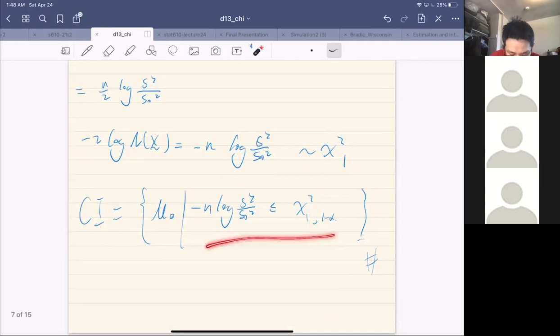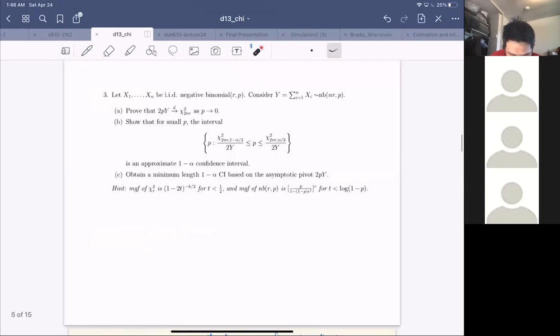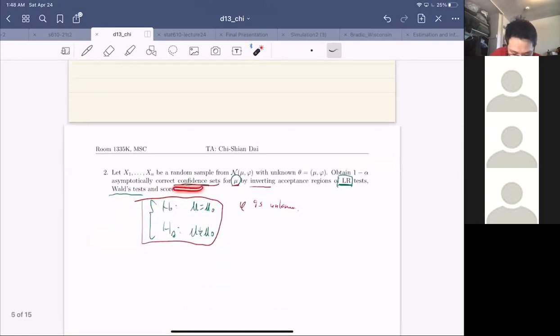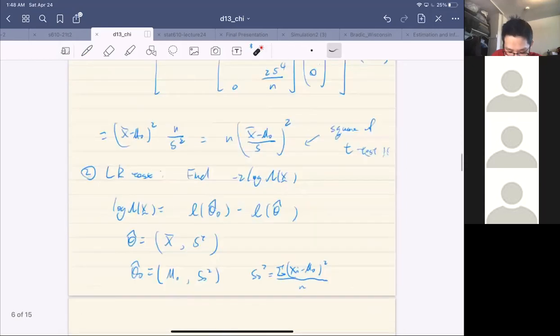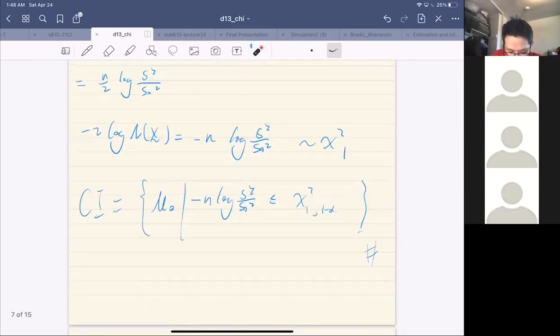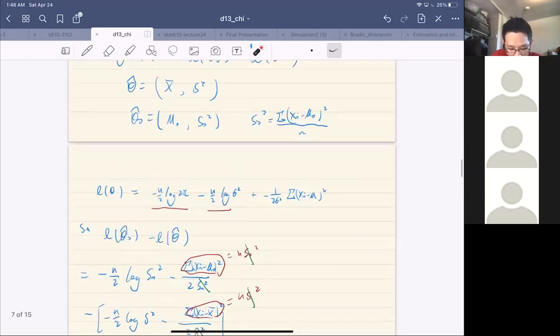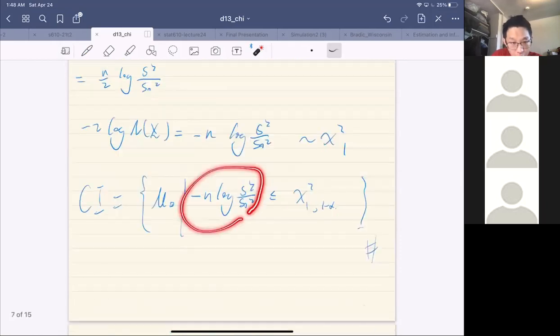I see this question, they say you only have to find a confidence set. Oh, confidence set. Okay. So you don't have to show it is an interval. But if it asked for an interval, we should show it's an interval. You have to figure out if this is an increasing function in mu, and you can say it's an interval. Okay. Thanks.